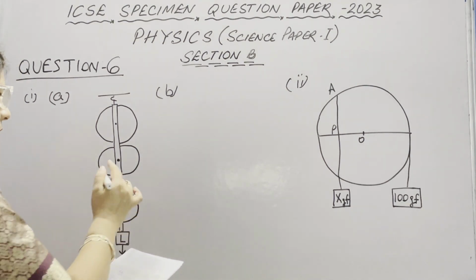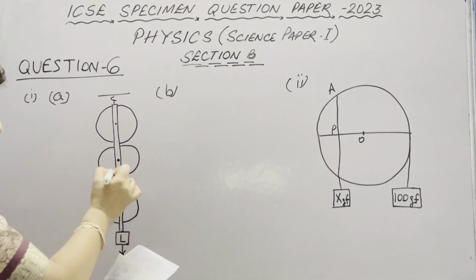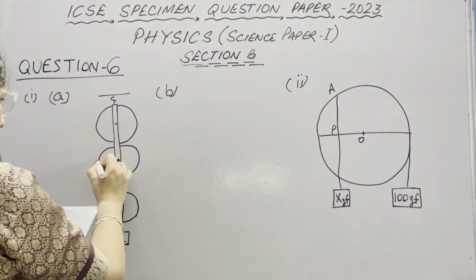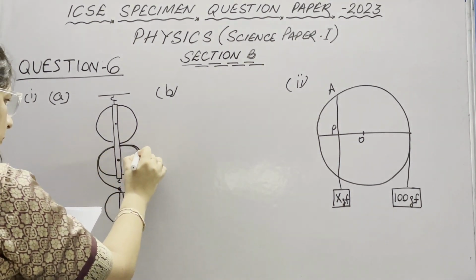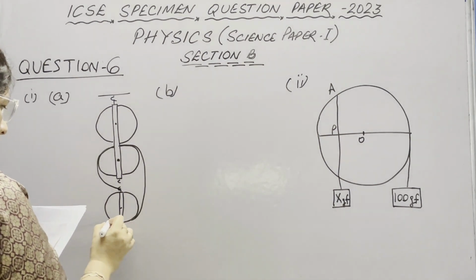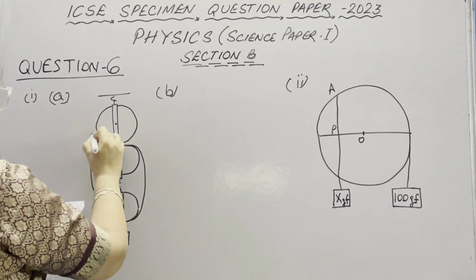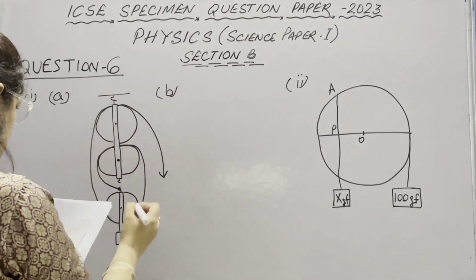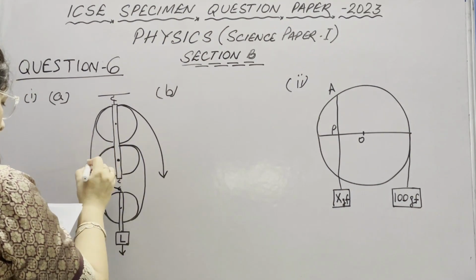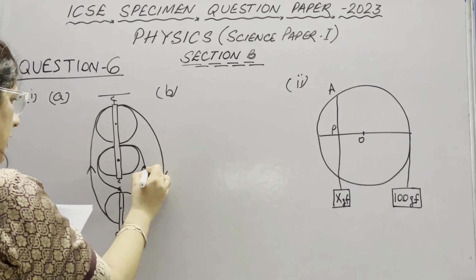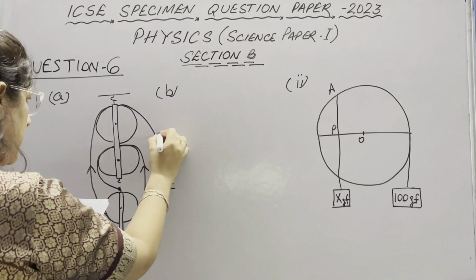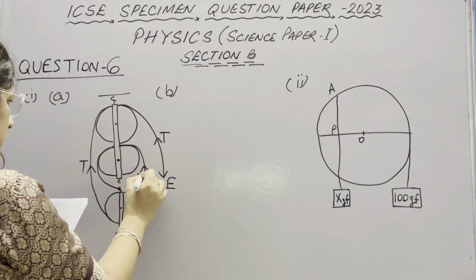And for this, we need to draw the tackle from the hook of the lower block. So from the hook of the lower block, the string will go like this, from the lower block to the upper block, then over the upper block's first pulley, and then in the downward direction. Remember to draw tension in the upward direction in all these 3 strings. Effort in the downward direction, tension in the upward direction.